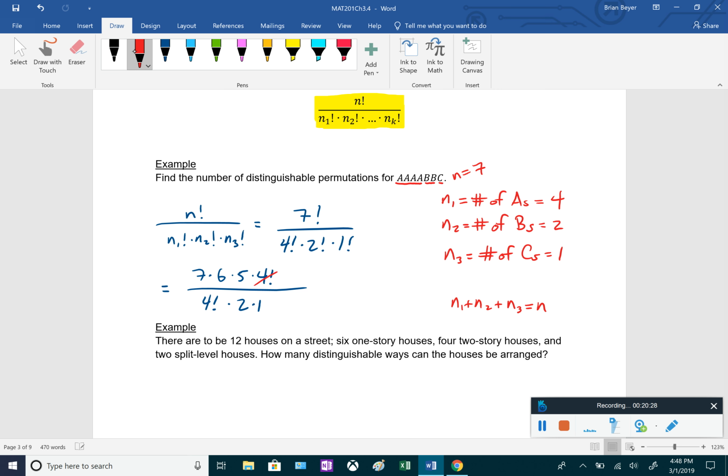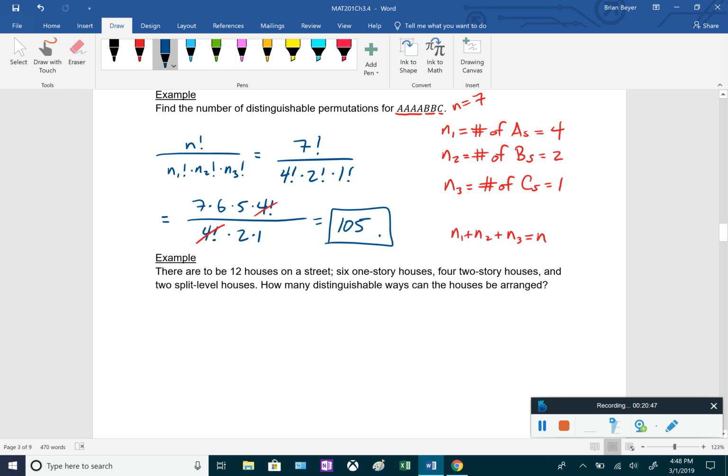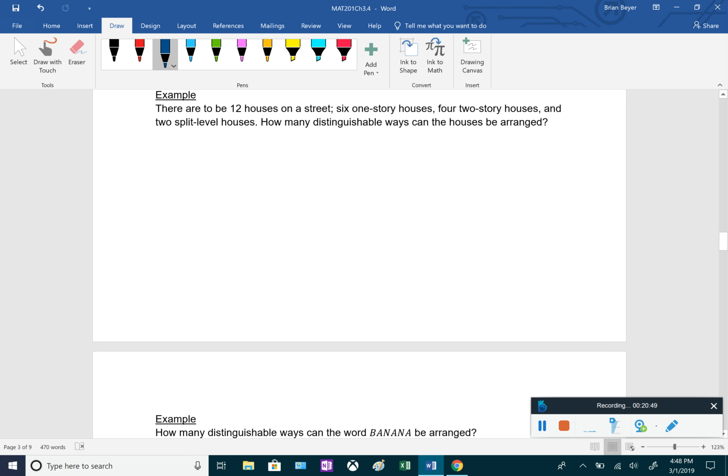So I wrote it like this so we can cancel off those 4 factorials. 7 times 6 times 5 divided by 2 is 105. So there's 105 different distinguishable permutations for that arrangement of letters. Okay, next example.